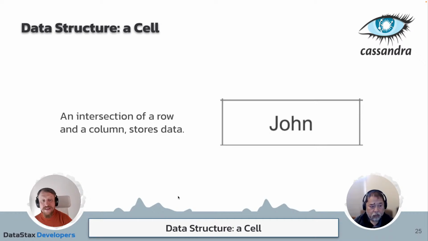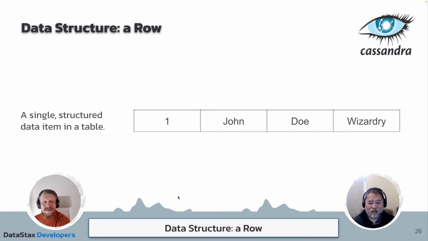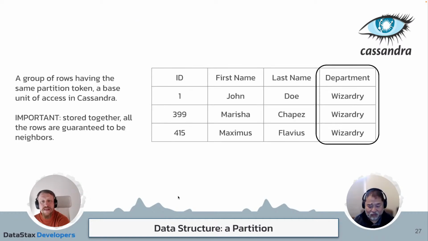Good. So the data structure for this will be very familiar to you. It all starts with a cell, which is an intersection of a row and a column. And a row is a single item in a table you can access. But the really important thing, the most important thing that people with experience of relational databases are not used to, is the partition.